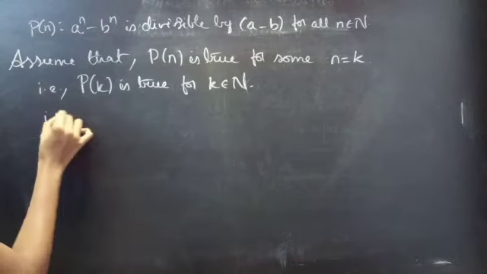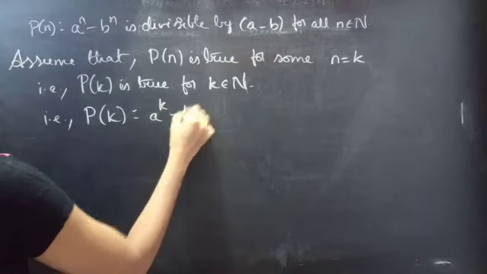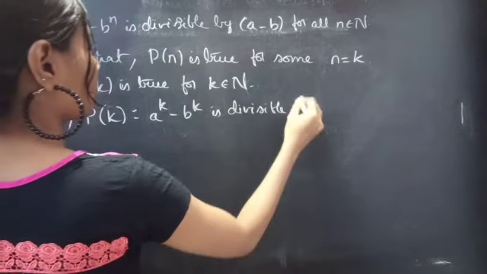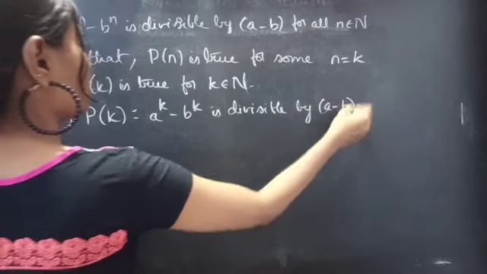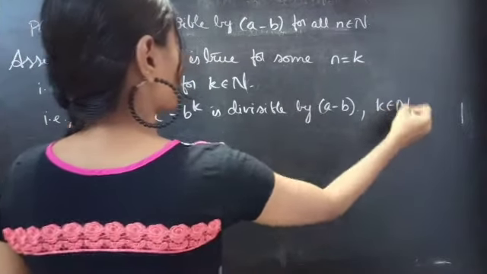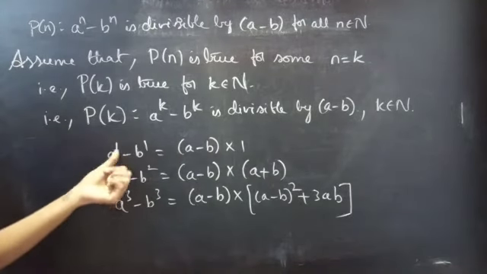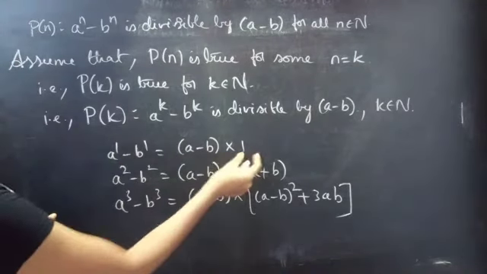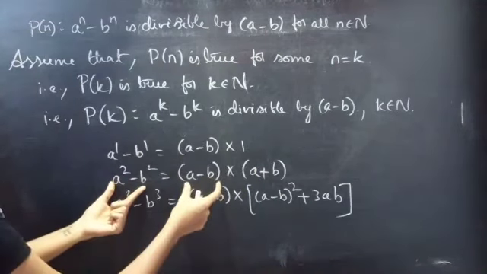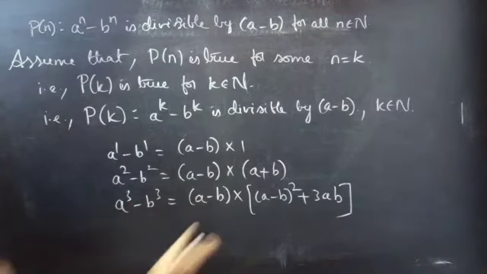Okay, that is, we'll have P of k: a power k minus b power k is divisible by a minus b, right? For k belongs to N. Since we know that a power 1 minus b power 1 is a multiple of a minus b, likewise a square minus b square is a multiple of a minus b, likewise a cube minus b cube is a multiple of a minus b, right?